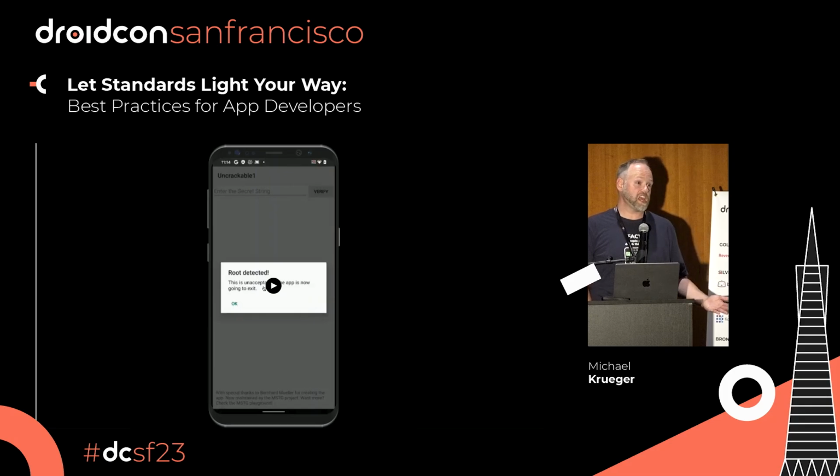So as long as my app's not running on a rooted device, I don't need to worry as much about the storage, right? I don't need to worry if I'm storing a key or other sensitive data. Maybe I'm not encrypting it. Maybe I'm storing it in plain text. I don't need to worry because as long as my app won't run on a rooted device, I'm okay.